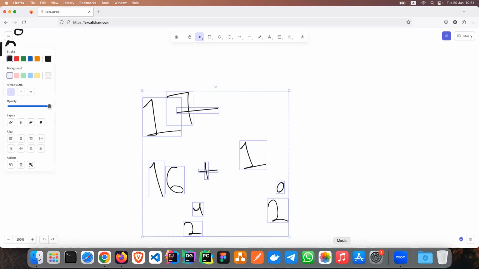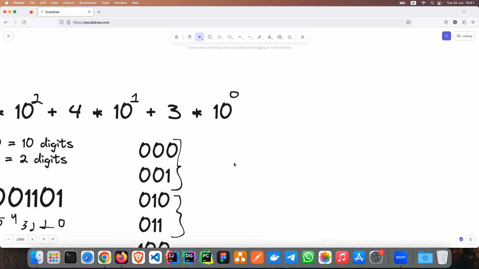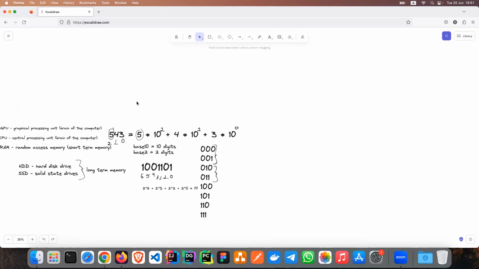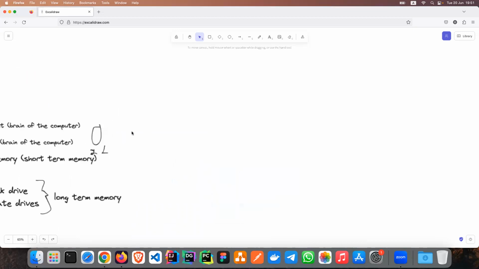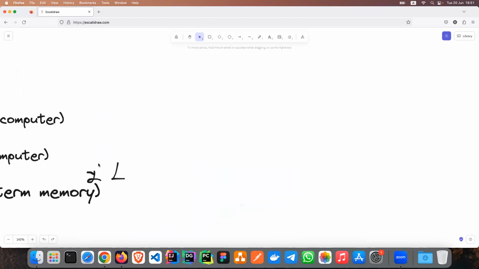Okay. So this was just a crash course on number bases. Let's return to our computers. So what does the CPU do?